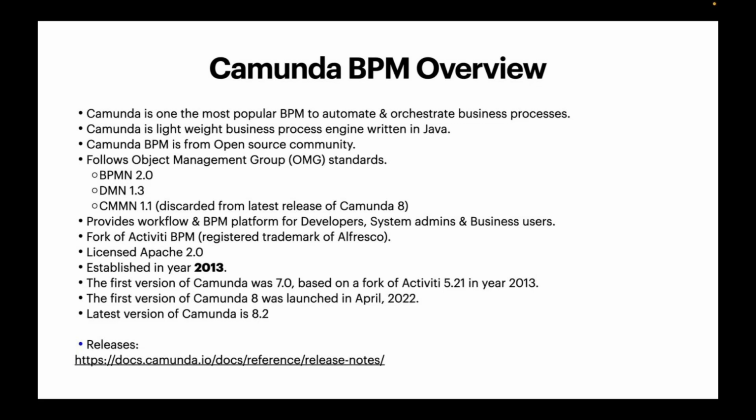It has been licensed with Apache 2.0, established in the year 2013, and the first version of Camunda 7 is based on the fork of Activiti BPM 5.21 in 2013. Activiti is also a BPM tool which has been trademarked by Alfresco, and from there the source code was forked.